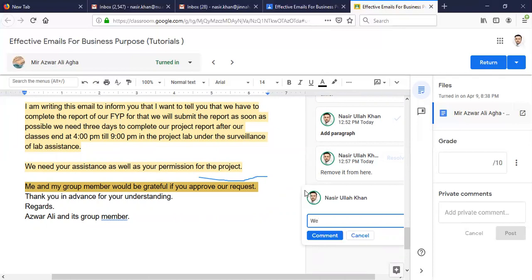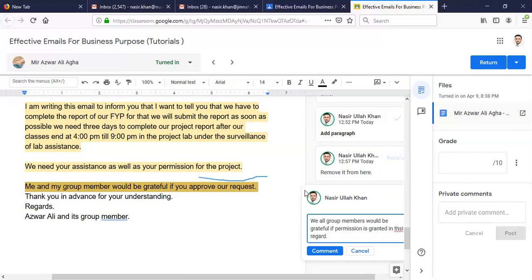You could have said: we all group members would be grateful if permission is granted in this regard.